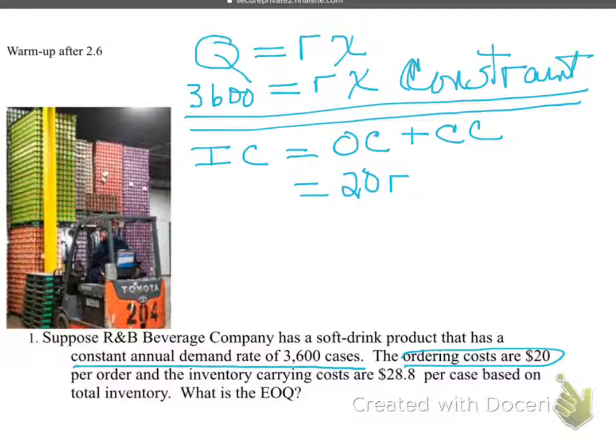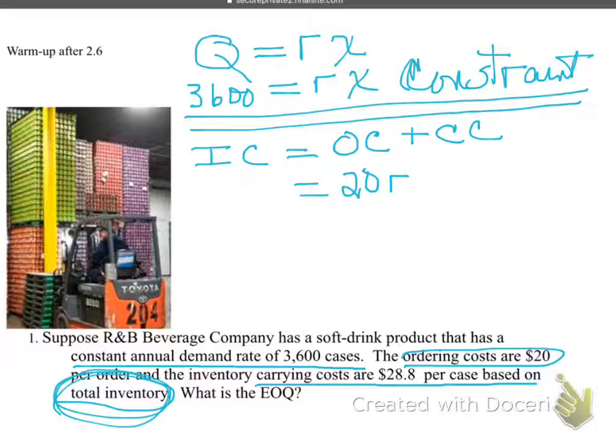Then it says, and inventory carrying costs are $28.80 per case based on total inventory. So that means that you do not divide by 2. They're going to charge you on your total inventory.